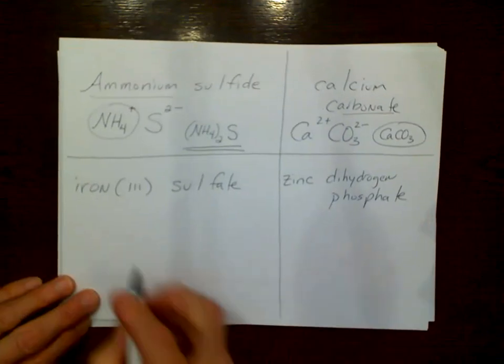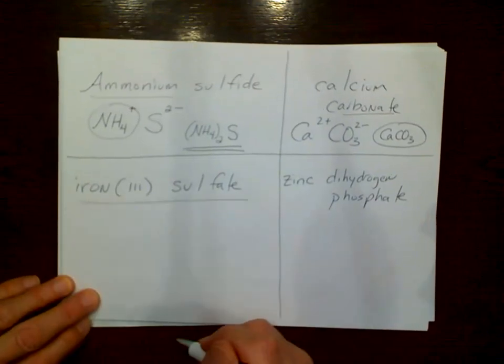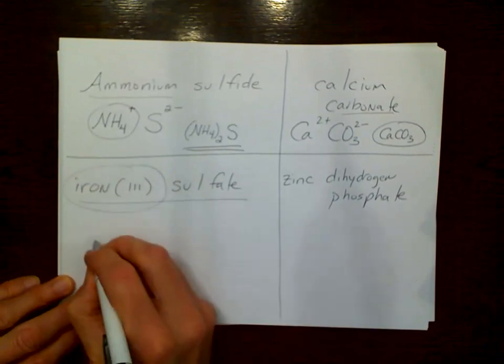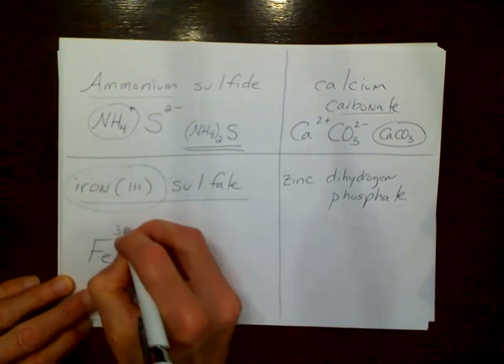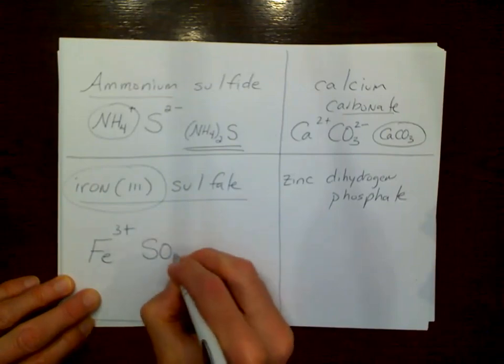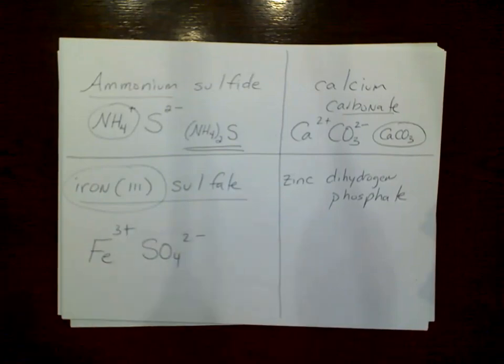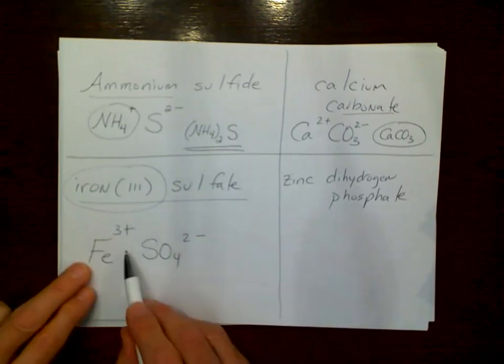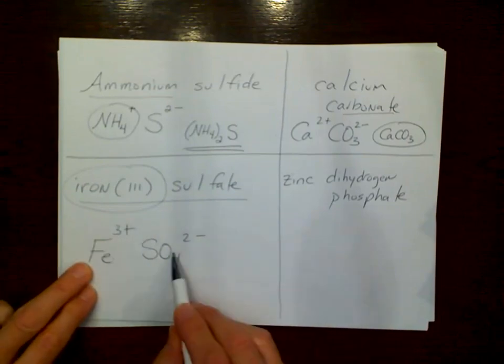We can try the same here for iron 3 sulfate. What's nice about this is iron 3 is telling me the charge on the iron, so I'm just going to write Fe 3+. The sulfate ion I know is SO4 2-. Lowest common multiple of 3 and 2 is 6. So I've got to multiply this by 2, and I've got to multiply this by 3.